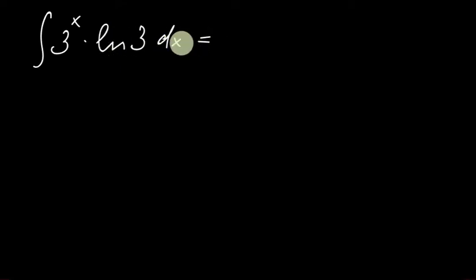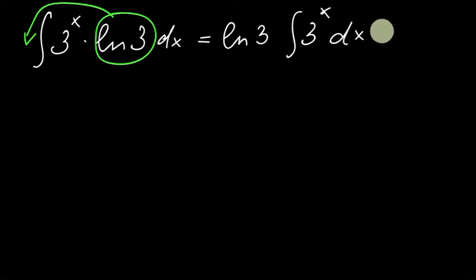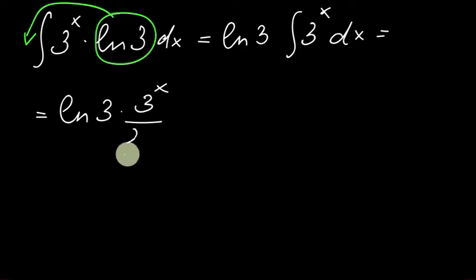So this is a constant, so we can move it before our integral, and this gives us natural log of 3 times the integral of 3 to the power of x dx, and this gives us natural log of 3 times 3 to the power of x divided by natural log of 3 plus a constant.